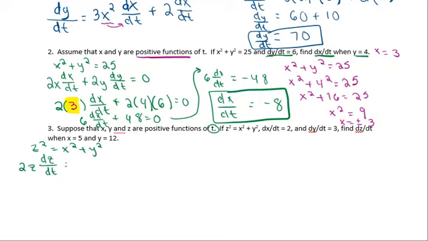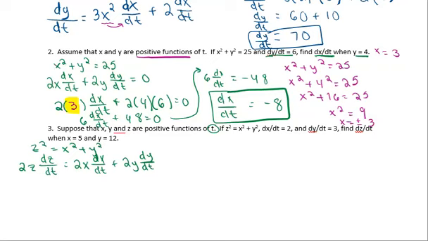Just like our implicit differentiation. 2x, bring down your power. So it was x squared, the derivative is 2x. And then we have dx/dt. And we have y squared, so bring down your power, 2y, and dy/dt. So we have all of our derivatives with our chain rule attached, with our derivative with respect to time.